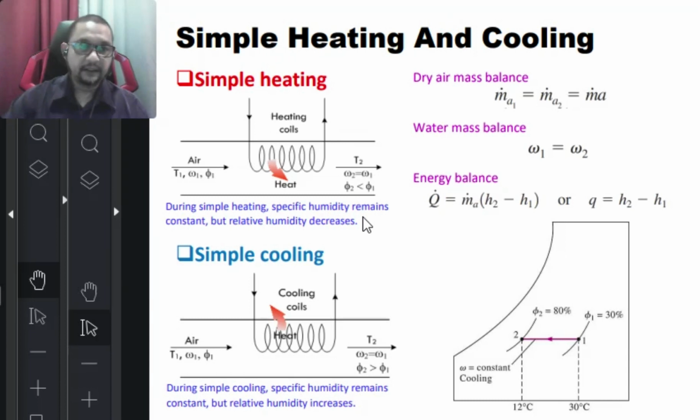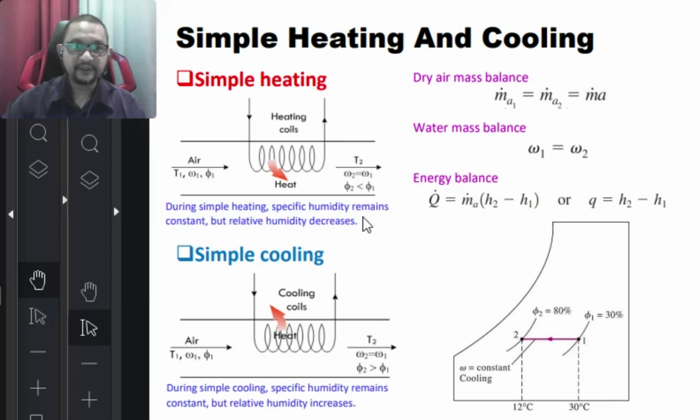Notice that the relative humidity of the air decreases during the heating process, even if the specific humidity omega remains constant. This is because the relative humidity is the ratio of the moisture content to the moisture capacity of air at the same temperature. Remember the definition of relative humidity, phi.